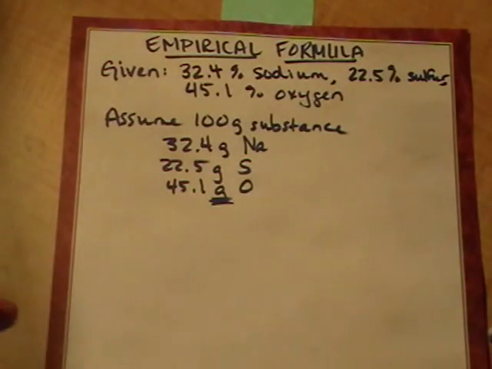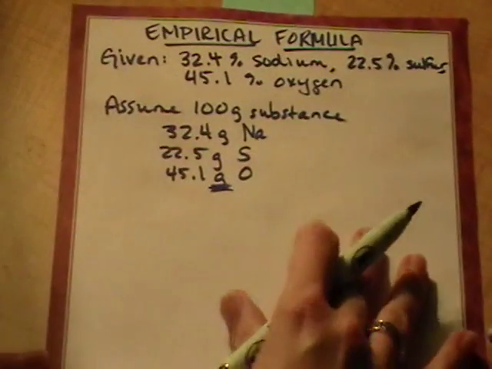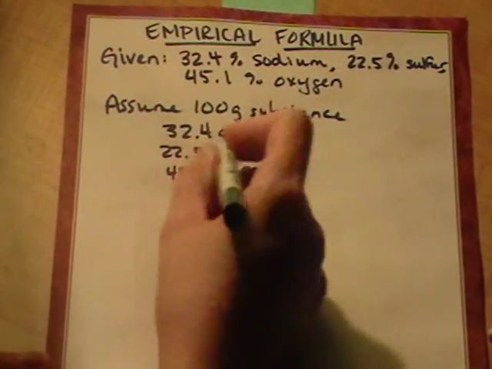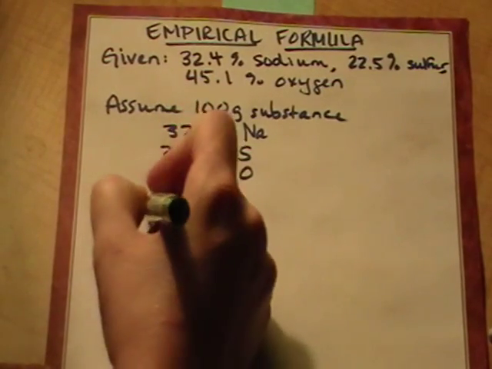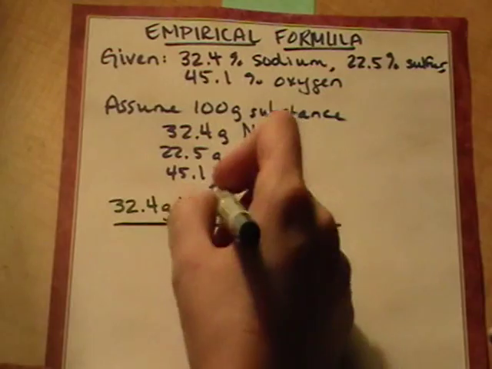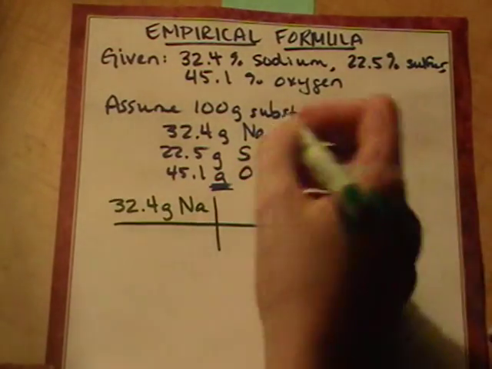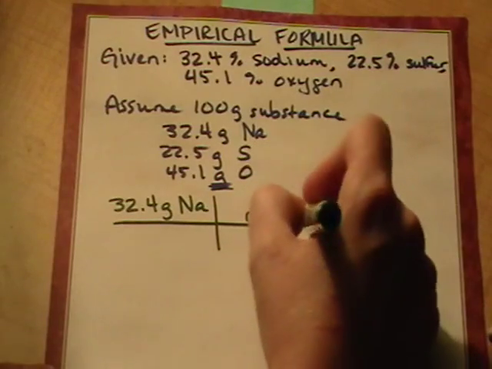And that is, I'm going to do dimensional analysis on the first one, and then the next two we'll just go ahead and do a shorter way. But what I'm saying here is that I've got 32.4 grams of sodium, and I want to know how many moles that is. So I'm going to put moles of sodium up here.